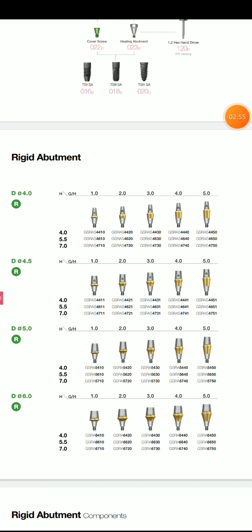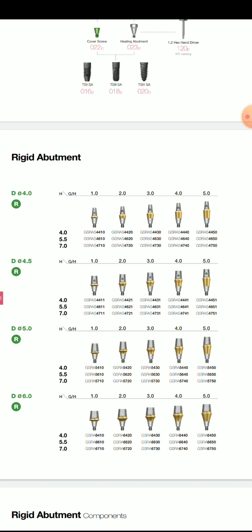To select the correct dimension of your rigid abutment, you need to look into two important parameters. The first is your gingival height, that is the height of the marginal gingiva present from the crest of the alveolar bone to the gingiva.